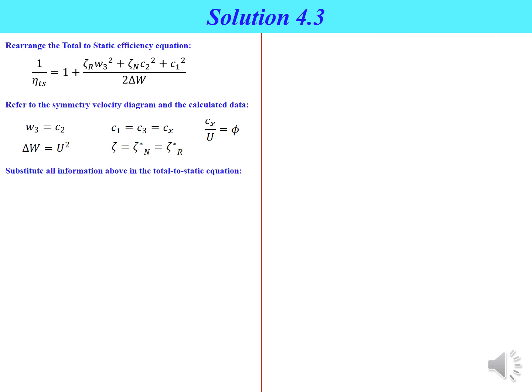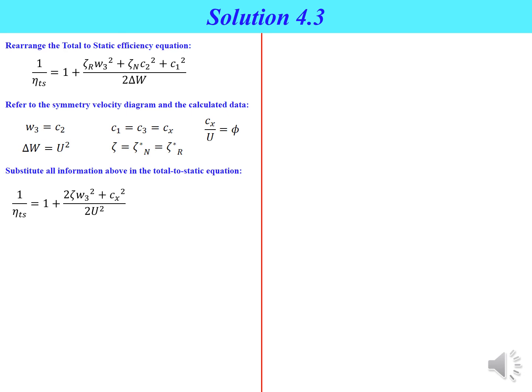Substitute all information above in the total to static equation, so we'll get a new equation. We will not have the terms for zeta R and zeta N, because we already generalized the value of zeta. Instead of zeta R and zeta N, we only have zeta terms because the value is the same.